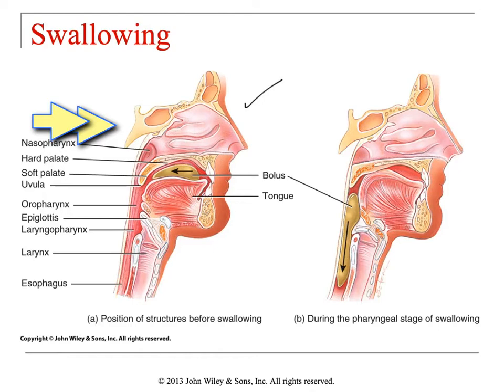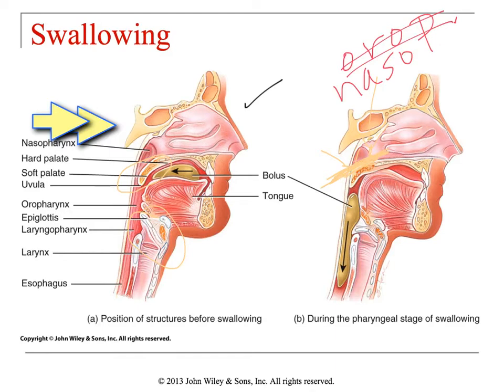All right, so if we look here, here's the uvula and the palate, and then down here the epiglottis. Those are the main things that we want to look at. When we go to swallow, the uvula and the soft palate are going to rise up, and they're going to close off the nasopharynx so that the food doesn't go up your nose.